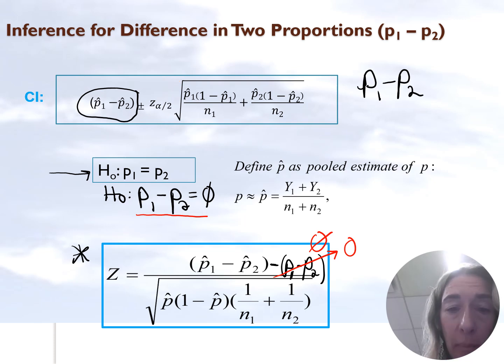So let's discuss where this p hat comes from. It goes back to, again, where we are hypothesizing no difference in the two proportions from the two independent populations.